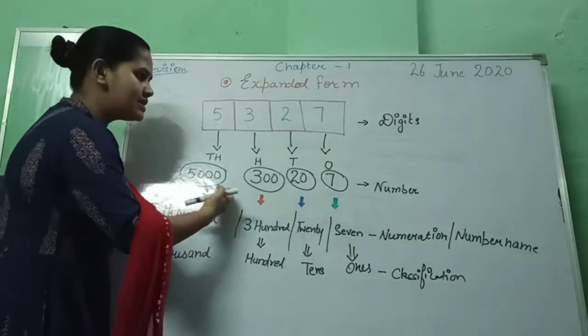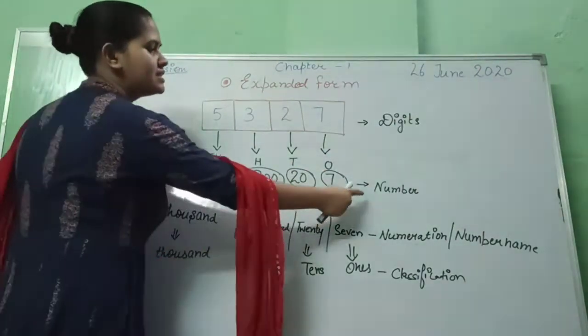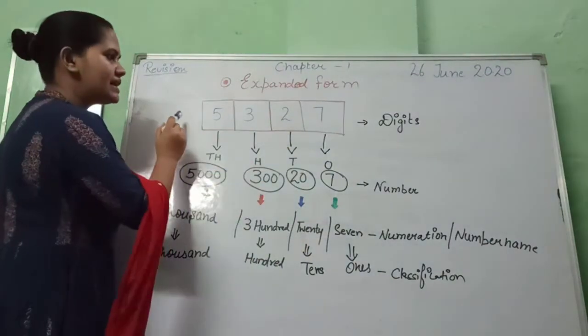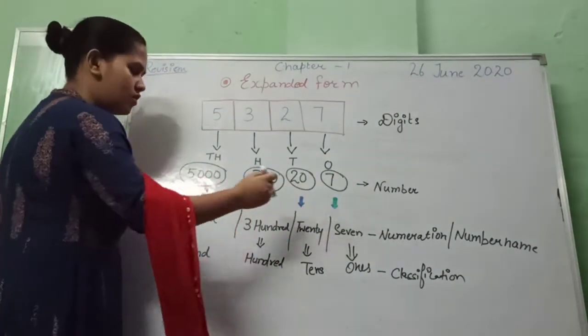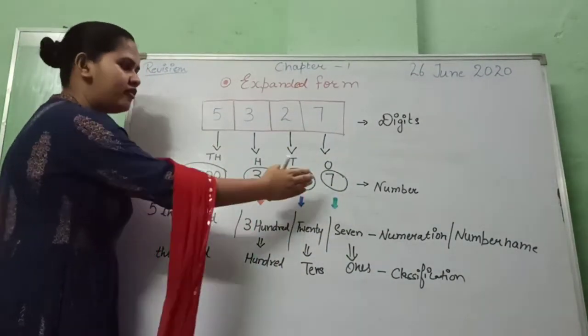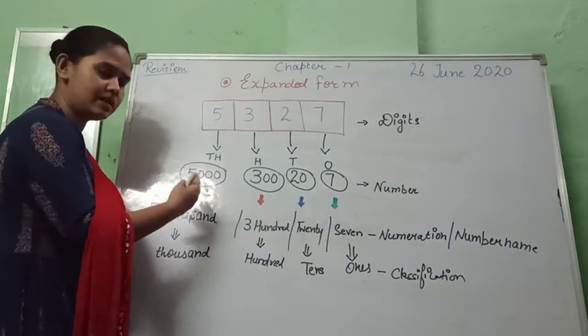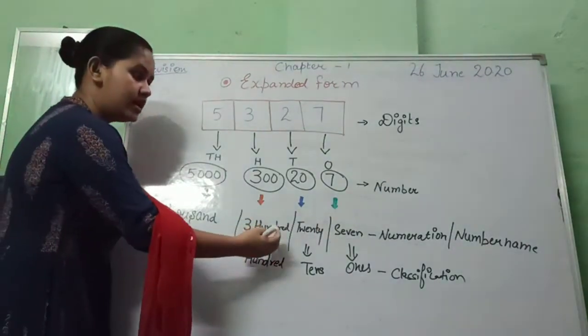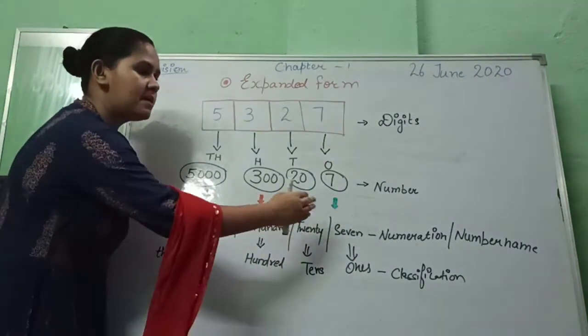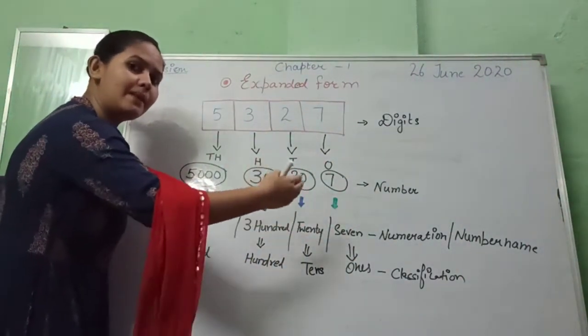So this is the number. You can see here what I have written, number. These are digits, these are numbers, which I have expanded in the number form. So when I give them a name, 5327, they become numeration, which means a number name.